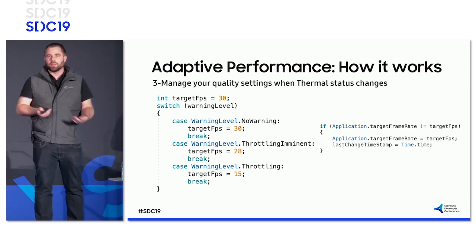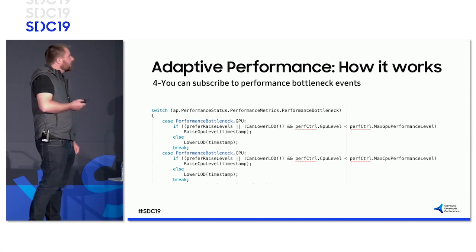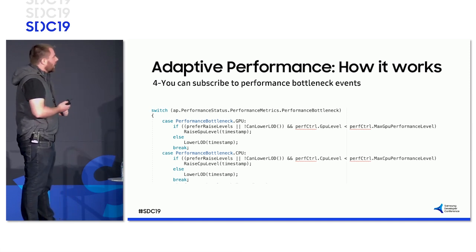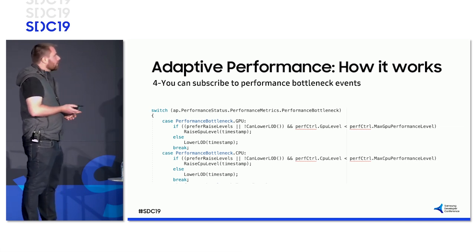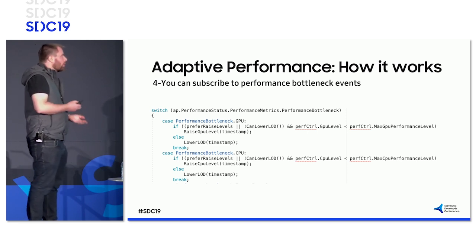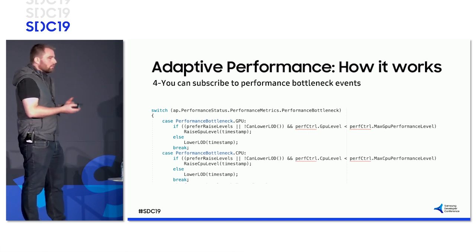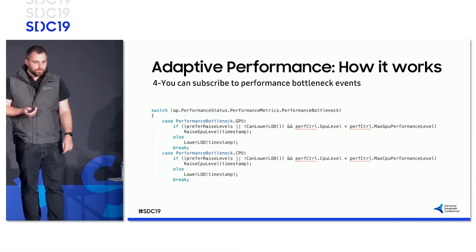But in your game, you might have a different scenario. In case of the performance events, when we are either GPU or CPU bottlenecked, we figure out whether we can still raise the CPU or GPU level, or we lower the LOD depending on the timing, what's still possible on the device, or where we are in the scene.